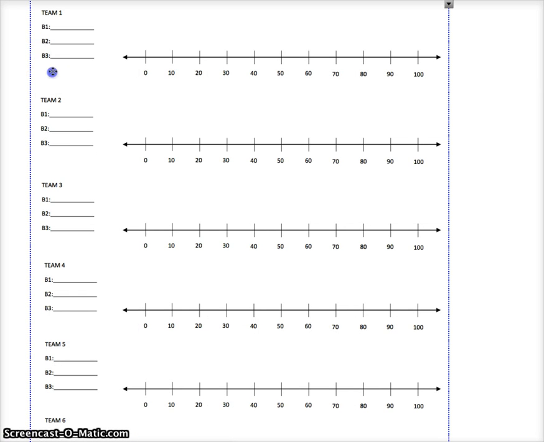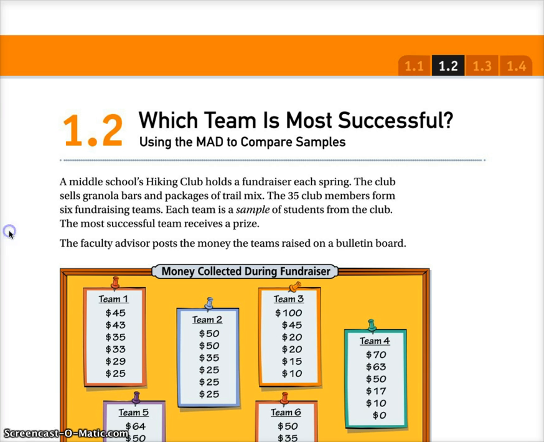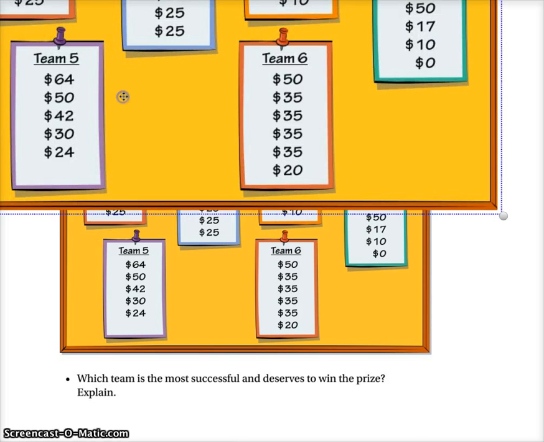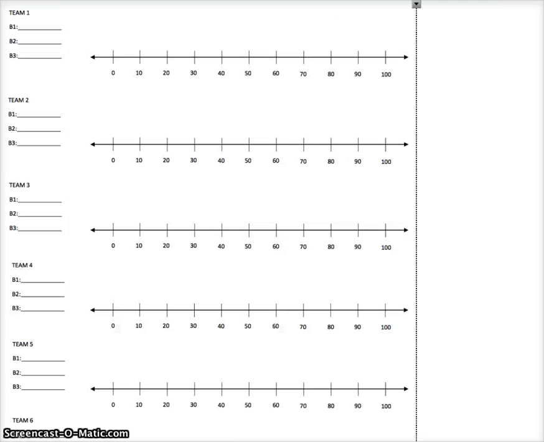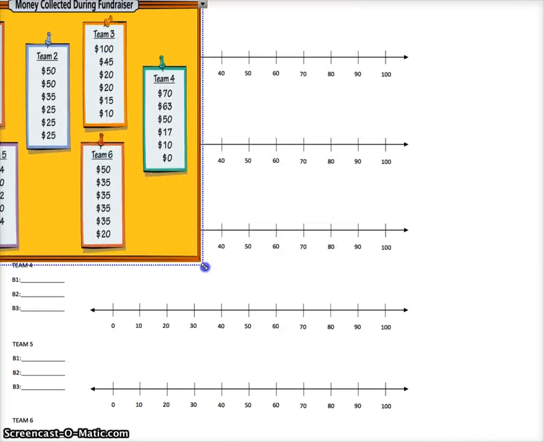I'm going to get the textbook out. I'll put the money collected during the fundraiser here, so we can use this data and put it in our charts.